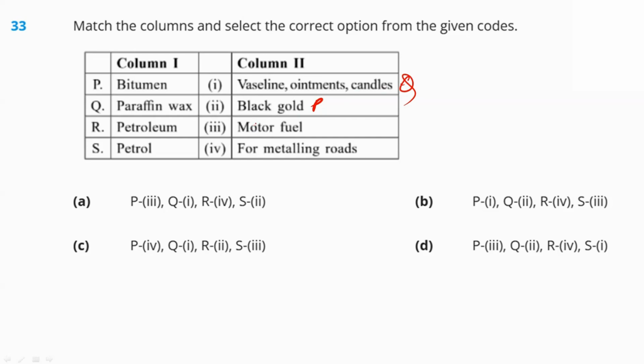So here petroleum would be black gold rather. Okay. Bitumen is used for metalling roads. And petrol is a motor fuel. So option number C, P4, Q1, R2, and S3 is the right answer. Correct match. So option number C is the right answer.